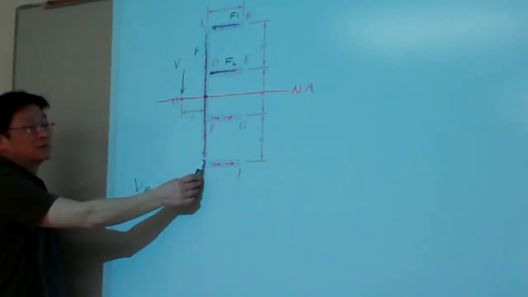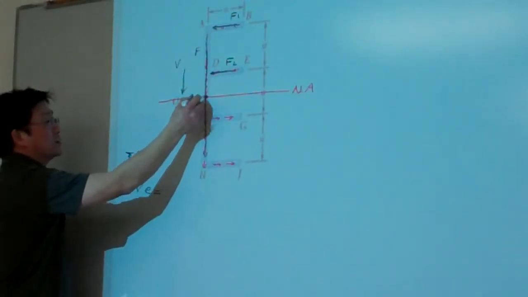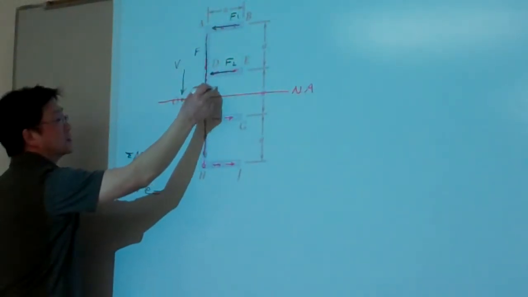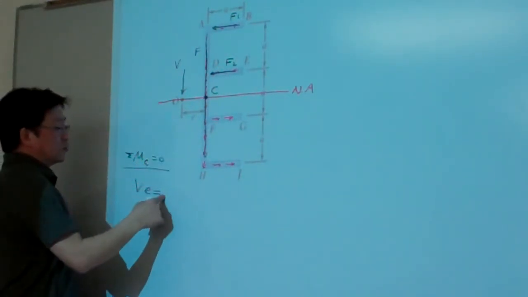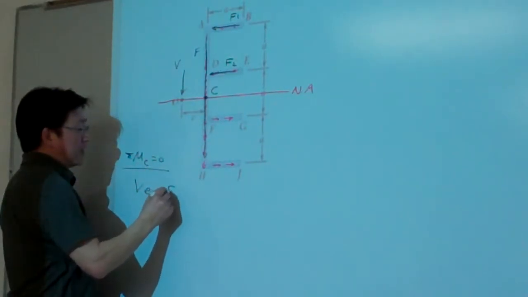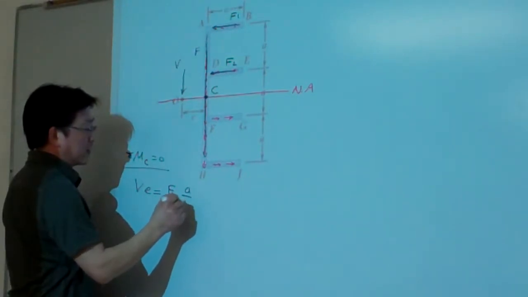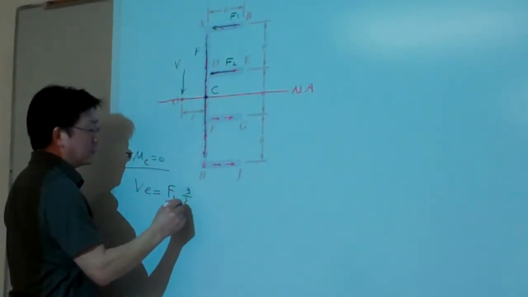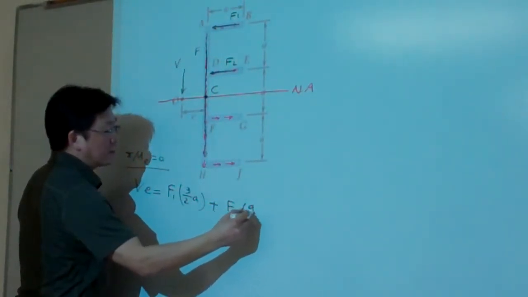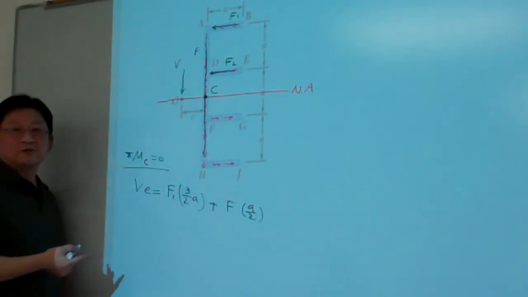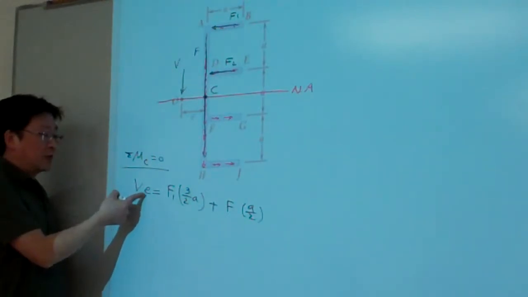Smartly pick one point about the bending, say about this point, let me call it C. Then V e will be equal to F1 times (a plus 2a, that is 3a over 2) plus F2 times a over 2. Using this kind of equilibrium in bending moment or twisting, we can calculate e.